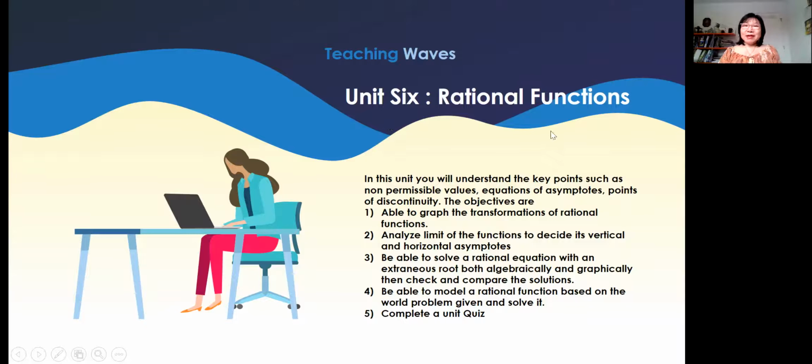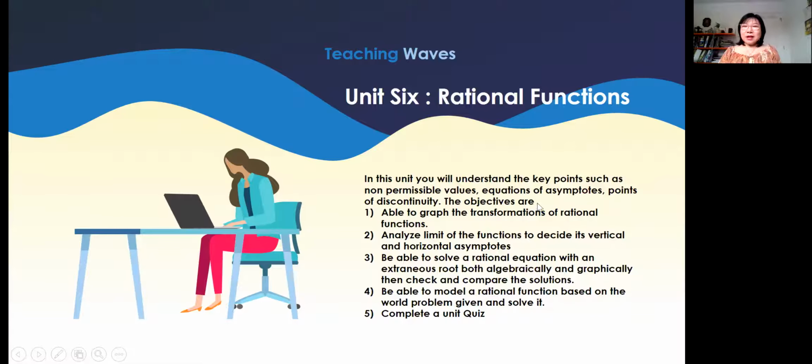Unit 6, rational functions. In this unit, you will learn to understand the key points such as non-permissible values, equations of asymptotes, points of discontinuity.